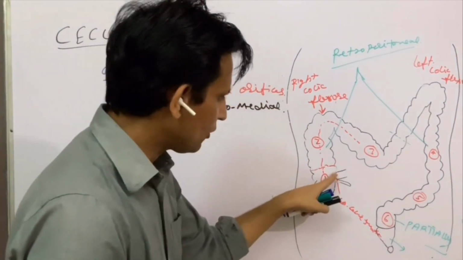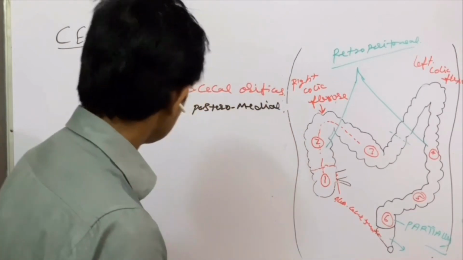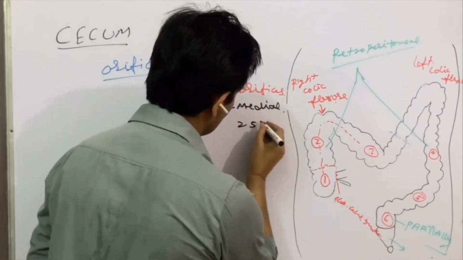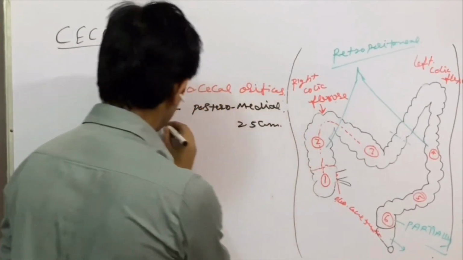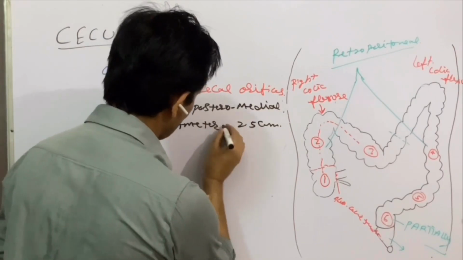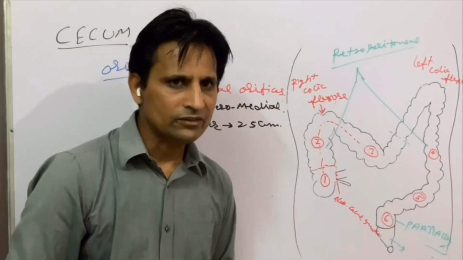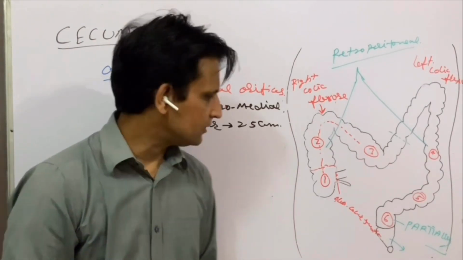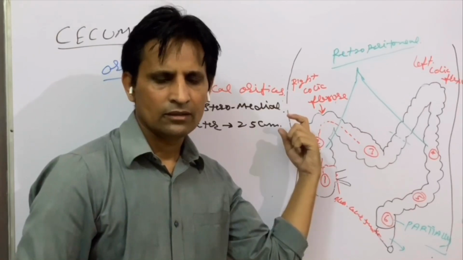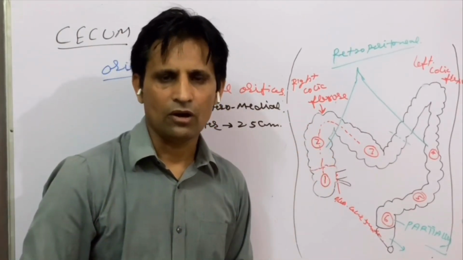That's why the diameter of this orifice will remain the same, around 2.5 centimeter, and this orifice is actually guarded by a sphincter muscle valve.